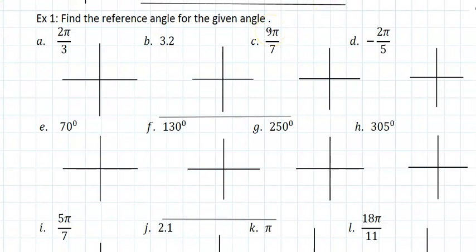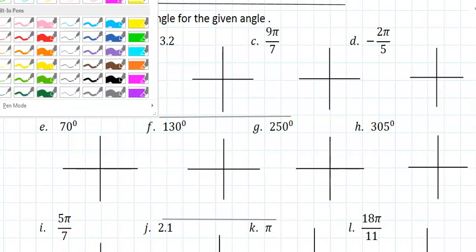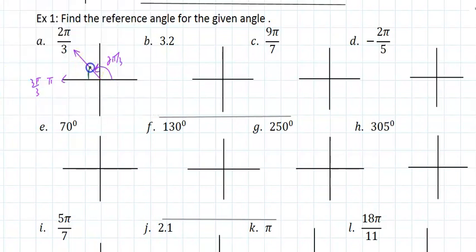So 2 pi over 3. If we're dealing with radians, remember how this works. This is pi. In radians, pi is the equivalent of 3 pi over 3. So isn't 2 pi over 3 right there? If I want to find the reference angle, it is this angle.